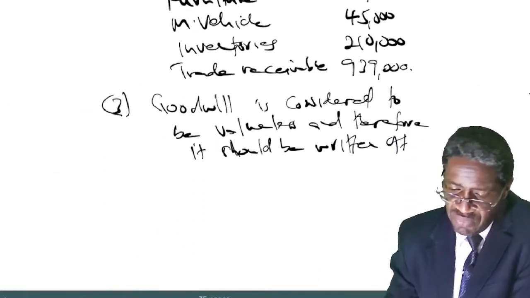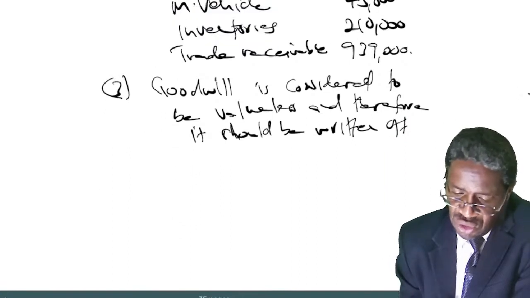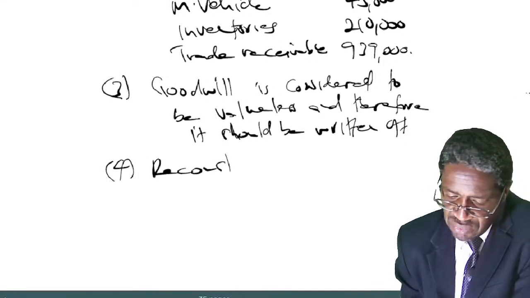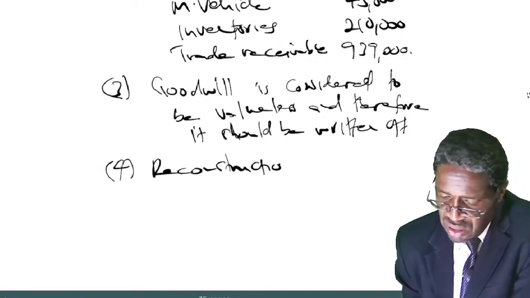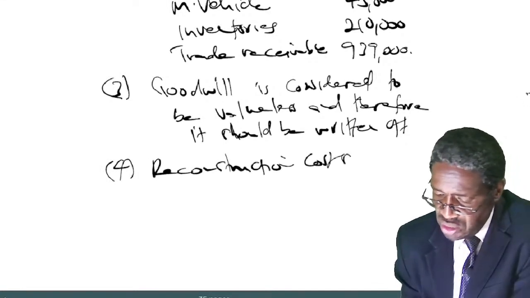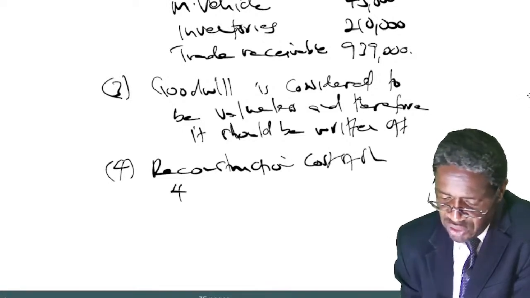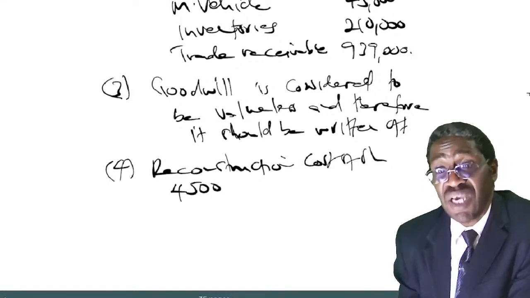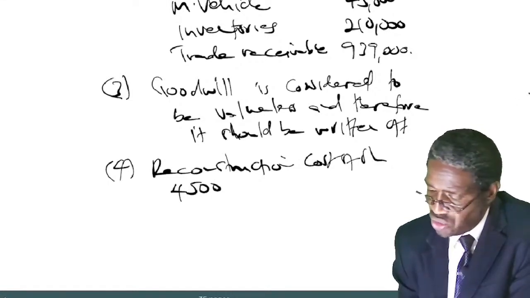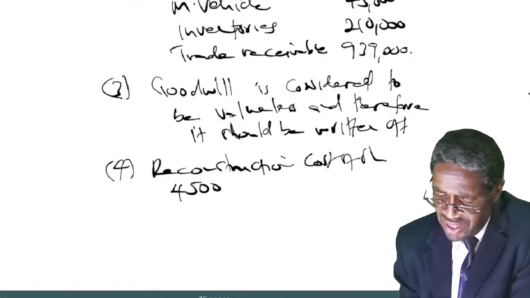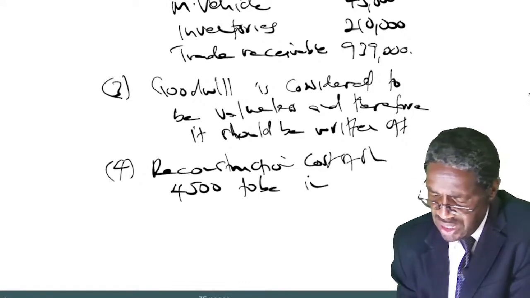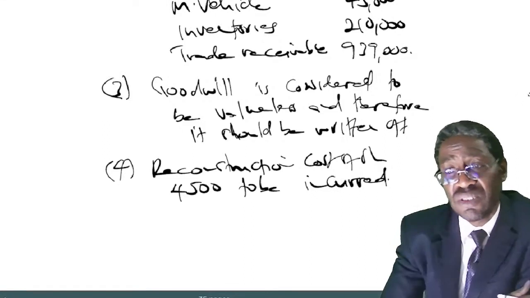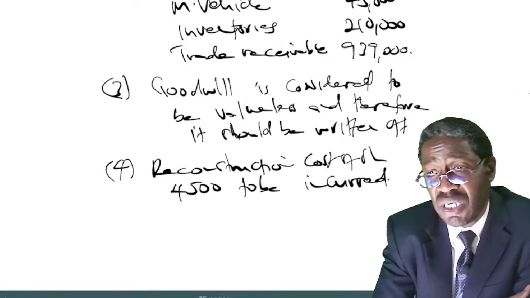So number 4, you can add reconstruction cost of shillings 4,500. Remember, our figures are in thousands. So I'm putting in the figure again in thousands. Reconstruction cost of shillings 4,500 to be incurred.